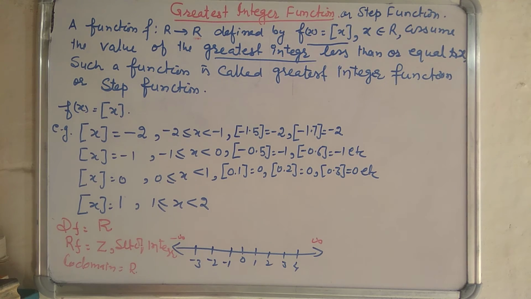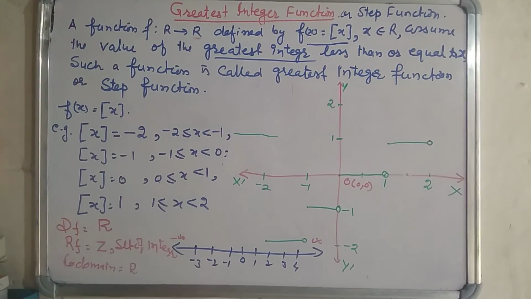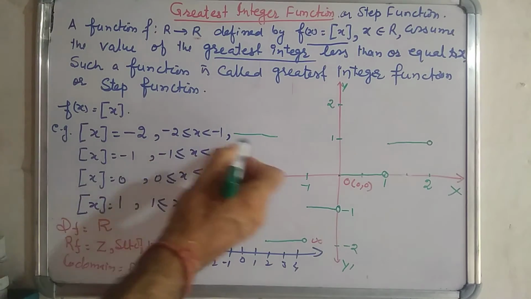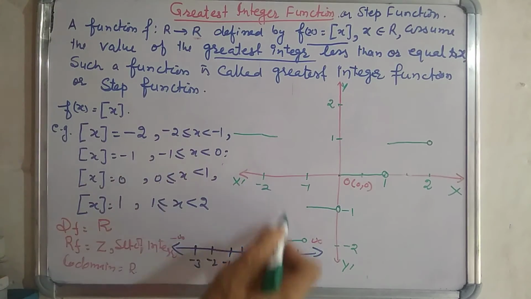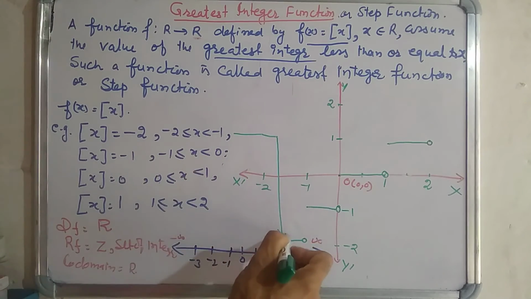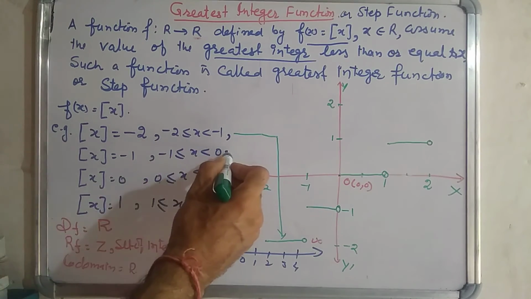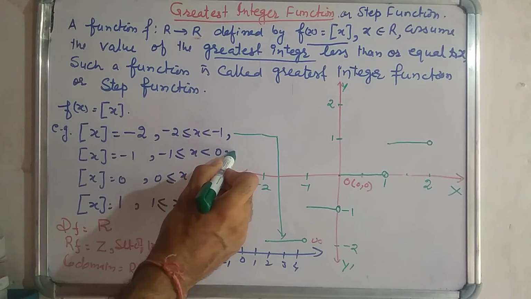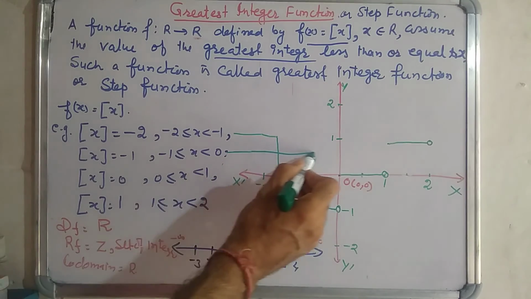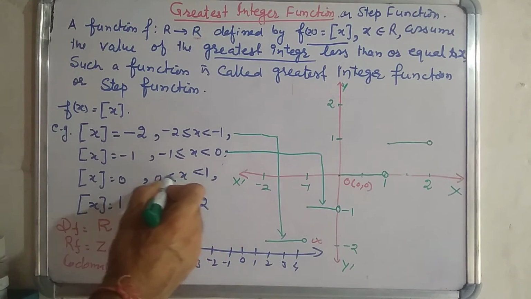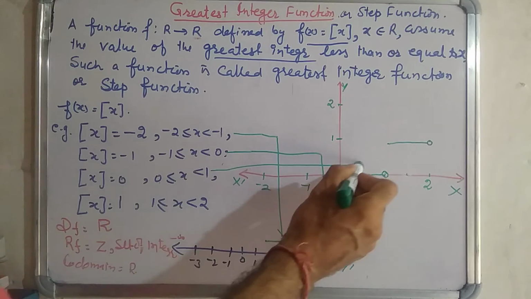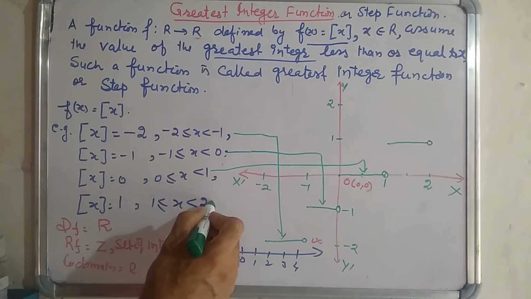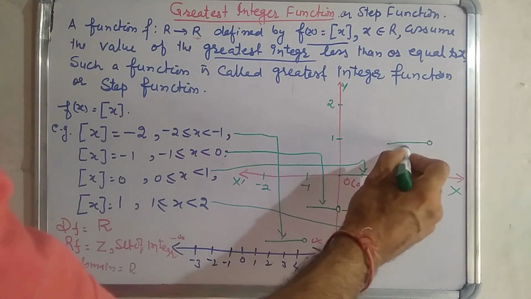Now we see the graph for these intervals. From minus 1 to 0 there is this step, 0 to 1 is this step, and 1 to 2 is this step.